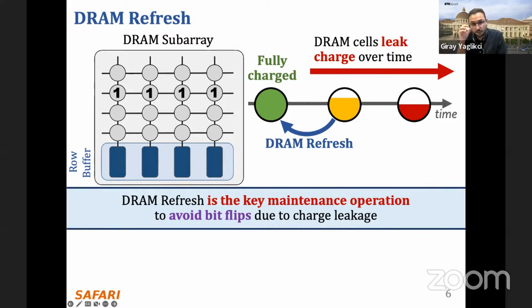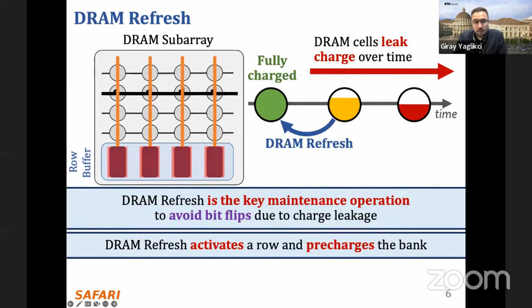Therefore, it is a key maintenance operation in DRAM. What DRAM refresh does is it basically activates a row and then precharges the bank, and by doing so, it restores the charge in the DRAM cells. That's the refresh operation fundamentally.